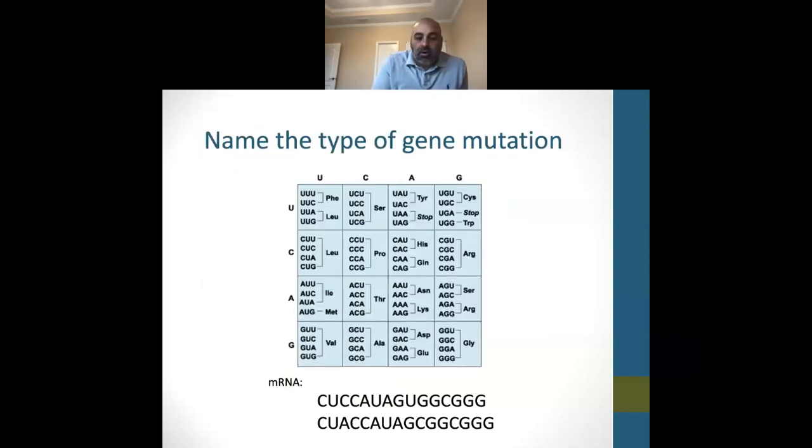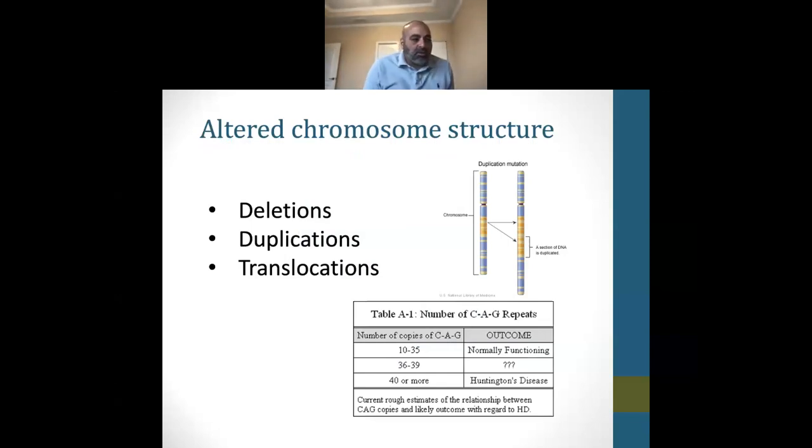So frame shift insertion, like I was saying, something gets added in, and so all downstream it is altered. Once again, depending on where it happens, alters how much or how affected the protein structure is. Deletions, duplications, and translocations. So translocations is where two chromosomes, and one we typically talk about is 9 and 22.